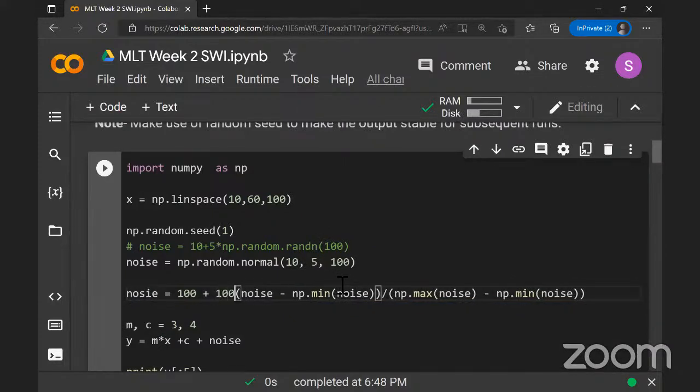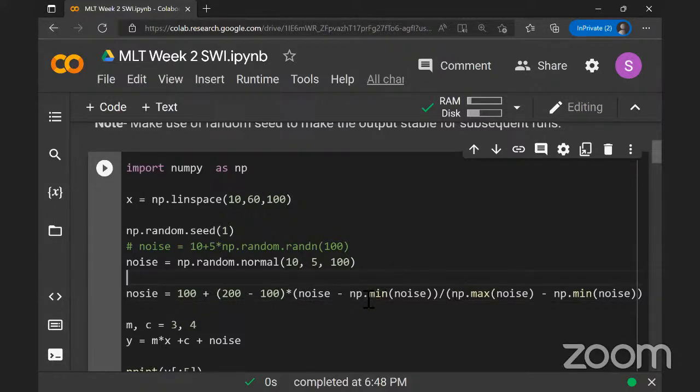Now your range will be, so instead of writing 100, I am going to write 200 minus 100, so that this is a bit clear. Does it make sense? Yep.